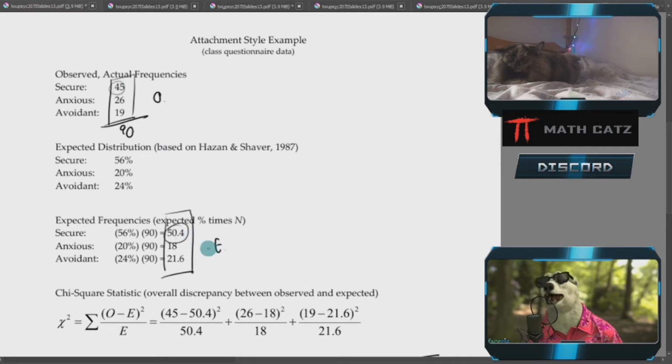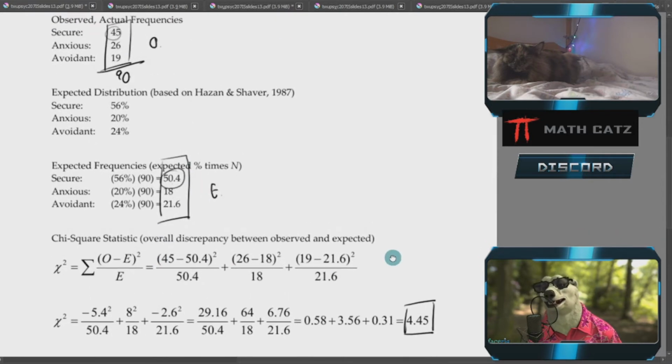There's going to be some fluctuation, some variance, of course, but this chi-squared statistic tells me when the fluctuation is so extreme that it's possibly because the group that I'm surveying is actually different from the general expected group.